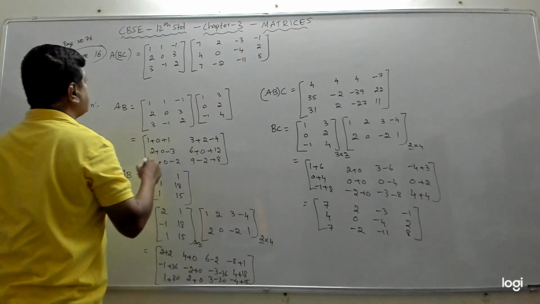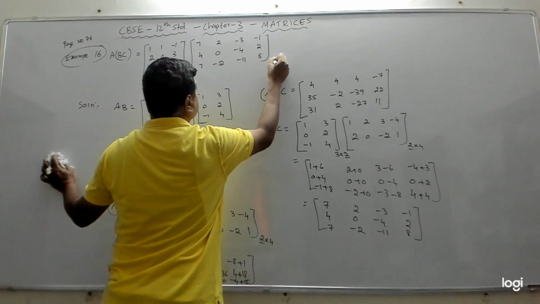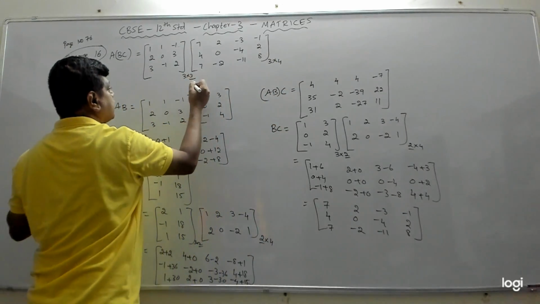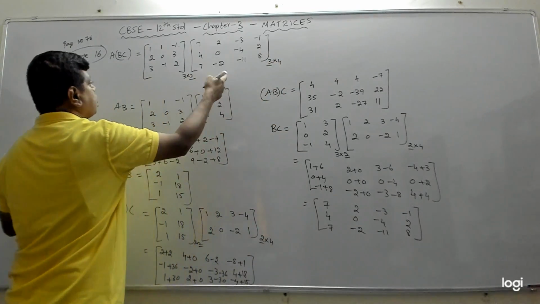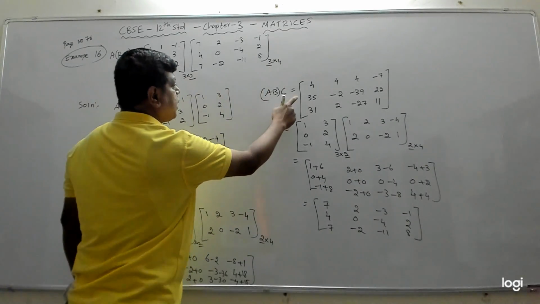We need to multiply these two. Obviously, the order of this is 3 cross 3 and the order of this is 3 cross 4. So the number of columns is equal to the number of rows, therefore you can multiply, and the resultant matrix order will be 3 cross 4 and it should match with this matrix.